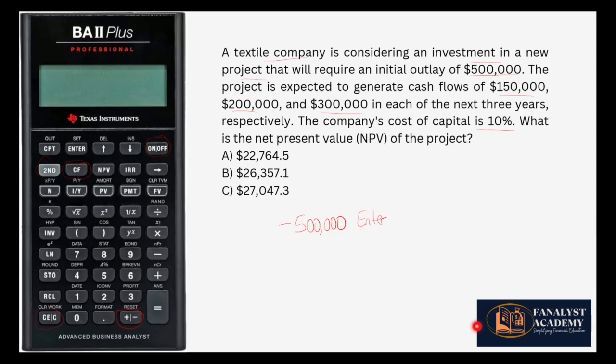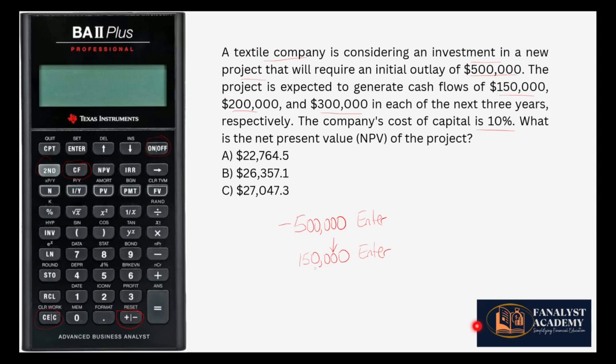Then we'll press arrow down. We see C01. Now we are going to put the first year cash flow, which is 150,000 there. So we'll type 150,000. We'll press enter. Once we do that, we press arrow down.